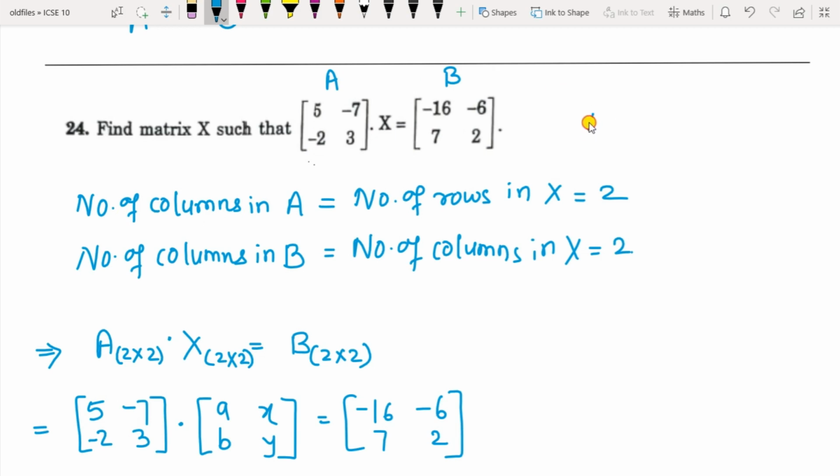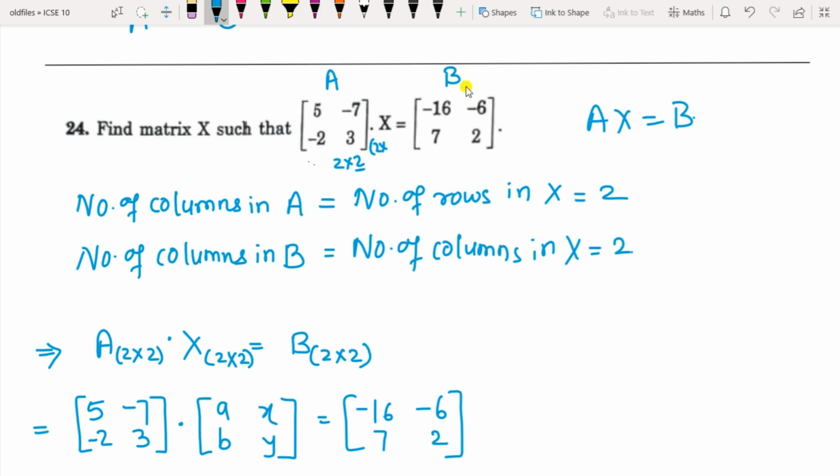So this will be AX equal to B. The number of columns of A should be equal to the number of rows of X. So this is a 2 by 2 matrix, so this should be the row.